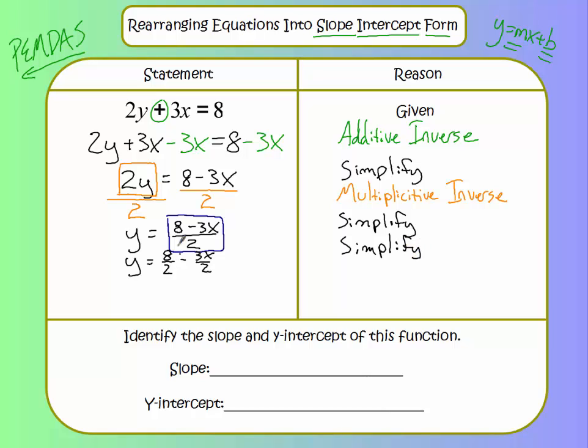Now 8 divided by 2 is 4, so y equals 4 minus 3x over 2. And let's do one more step here to get this into the right form. So y equals, using the commutative property, I can move this and say negative 3 over 2x plus 4. Okay, that was a positive 4 there.